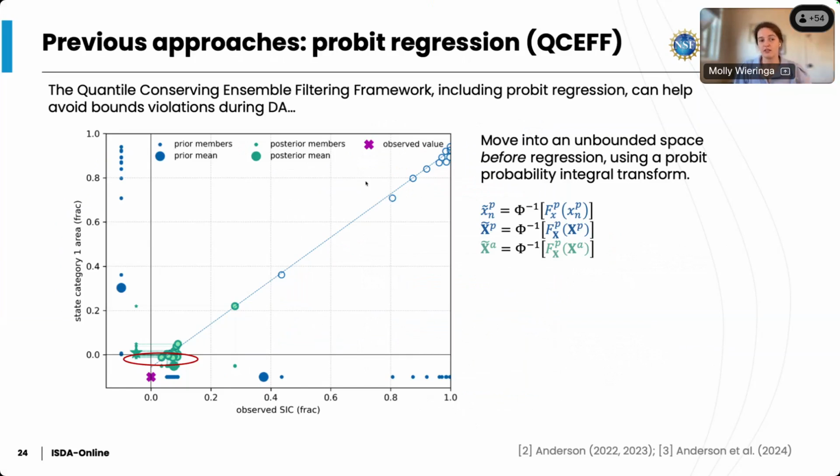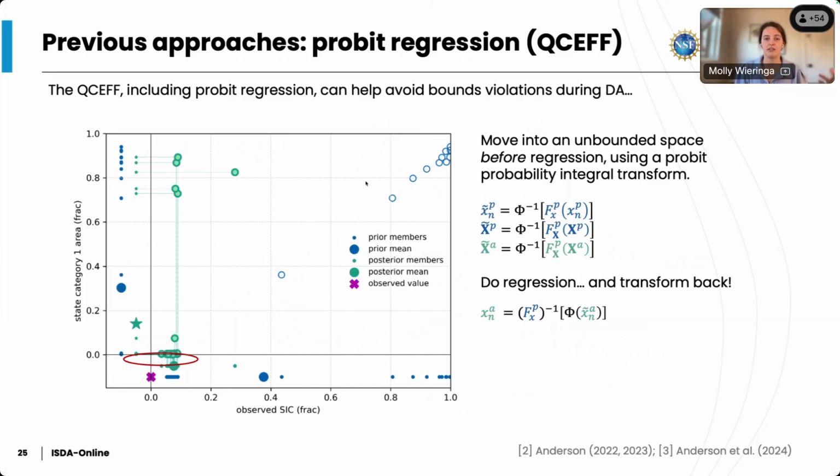The regression then occurs in the unbounded space and afterwards is transformed back into the original bounded variables, which produces a different update to the posterior unobserved category variables that does not have the bounds violations that we highlighted earlier.